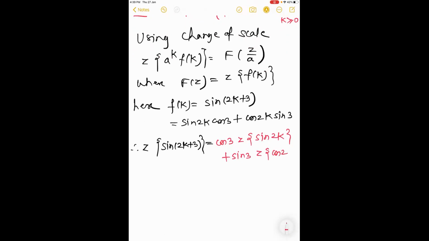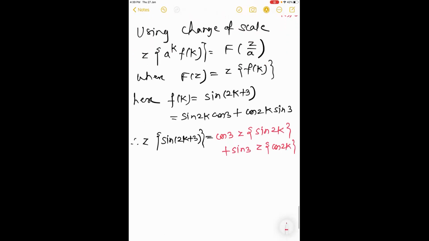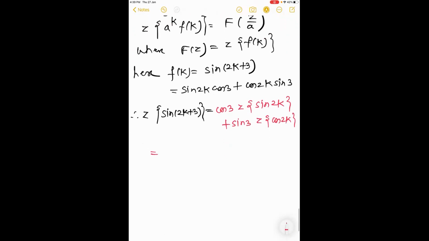plus sine 3 as it is, z transform of cos 2k. And this is nothing but cos 3 into the sine 2k transform, which is z sine 2 upon z square minus 2z cos 2 plus 1. This we have done so many times already, so you can remember it with the help of that.